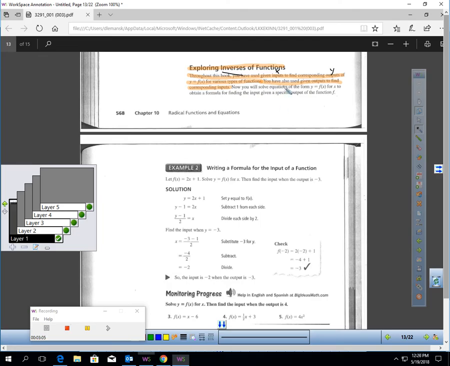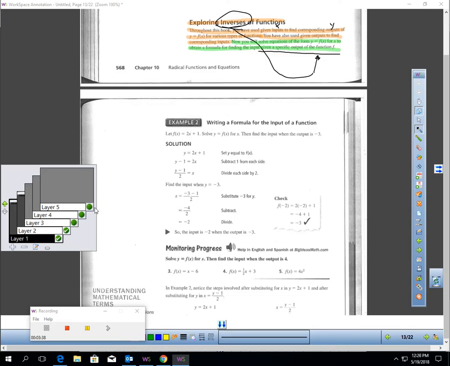You've also used outputs to find inputs. So if you knew y, you could figure out x. Now you will solve equations of the form y equals f of x for x to obtain a formula for finding the input given a specific output. So in other words, this is a fancy way of saying if you solve for x, you will rewrite your equation as an inverse. If that sounds confusing, it's not.